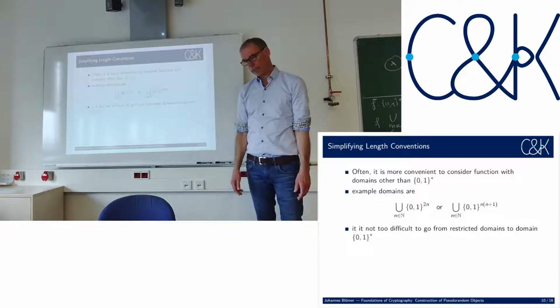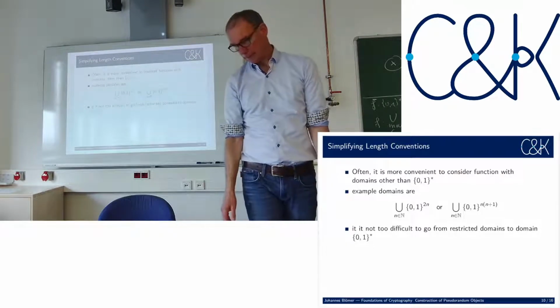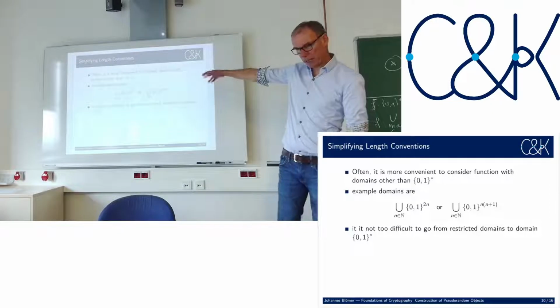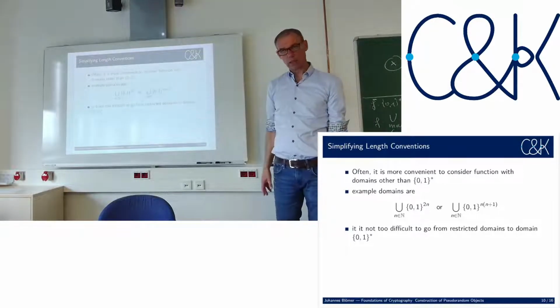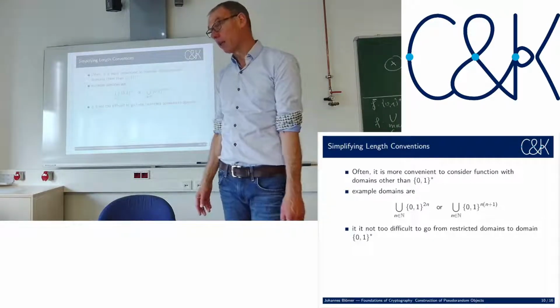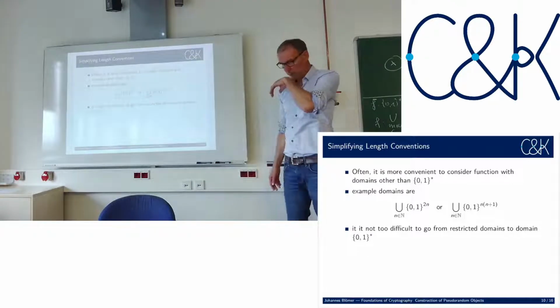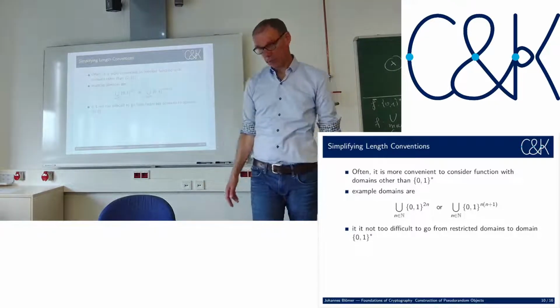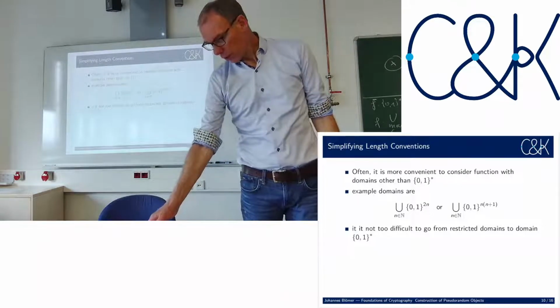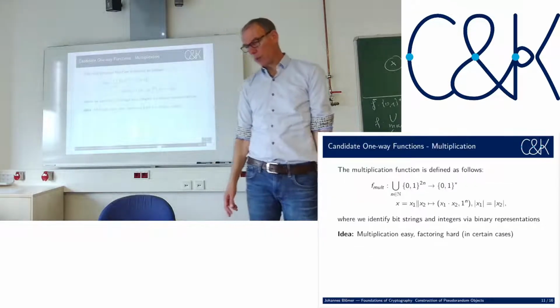Mainly we use this simplifying length convention for our candidates that I'll present next. You can make this much more general, and I actually defined it more generally in the lecture notes, but for our candidates this is enough. So what's our first candidate one-way function?